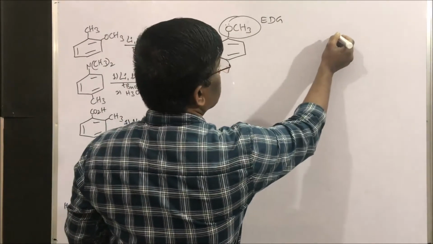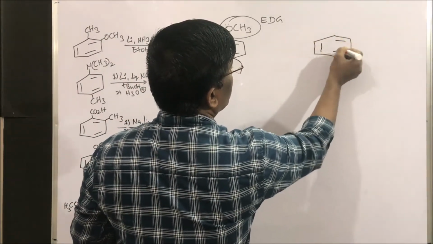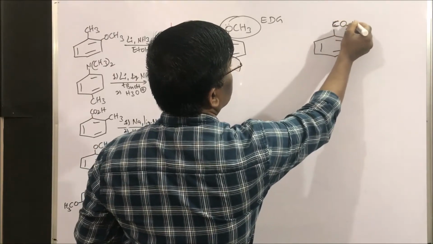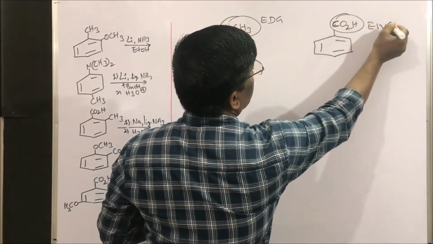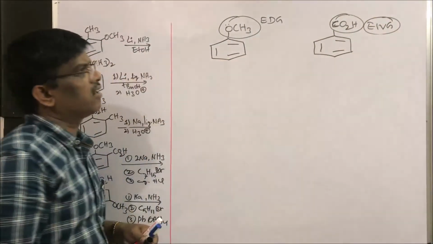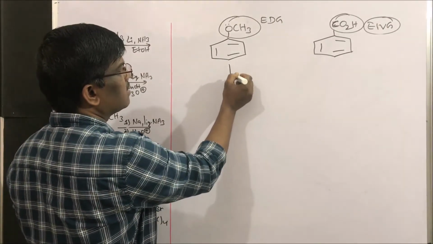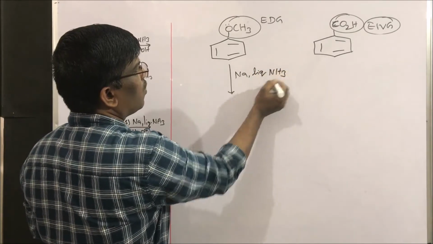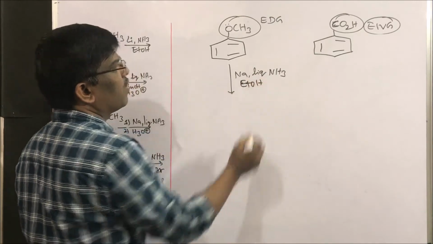And let us take another compound having an electron withdrawing group. Let us write CO2H. This carboxylic acid is an electron withdrawing group. Then if I do the reduction, that is sodium in liquid ammonia followed by ethanol, so what is the compound?